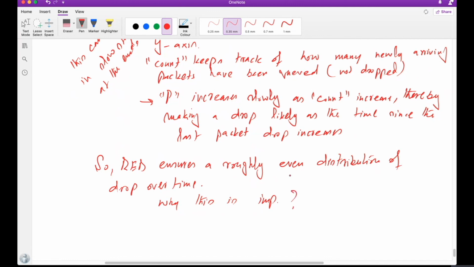Because it makes sure that drops are not happening in clusters. On the contrary, if drops happen in clusters, the sender will go into slow start.